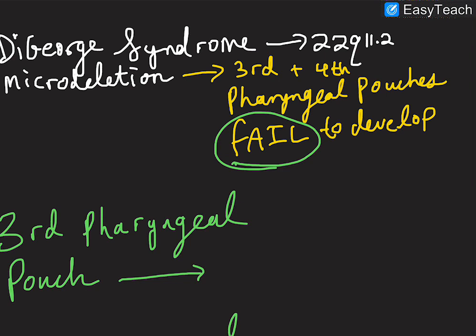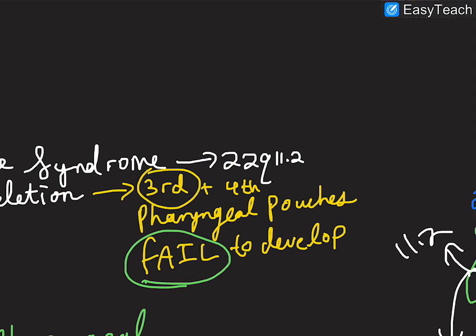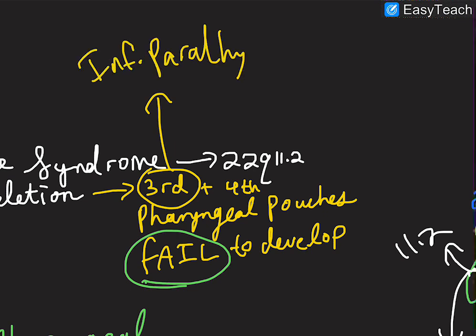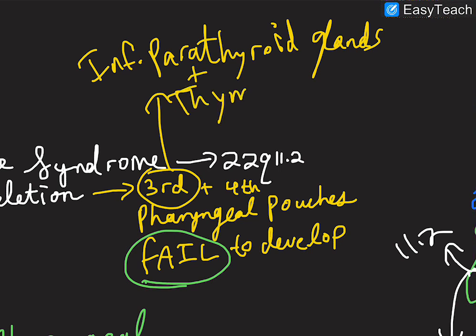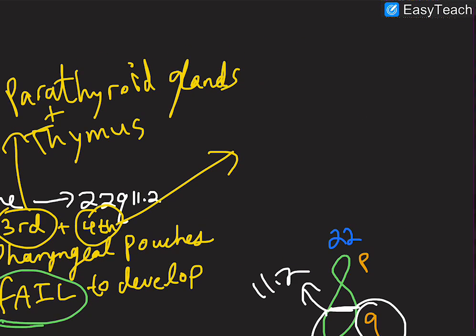So remember from embryology, the third pharyngeal pouch is important for forming the inferior parathyroid glands and the thymus, and the fourth pharyngeal pouch is important for the formation of your superior parathyroid glands.